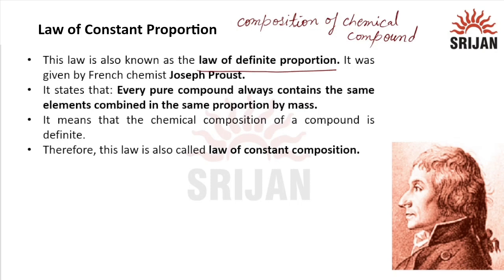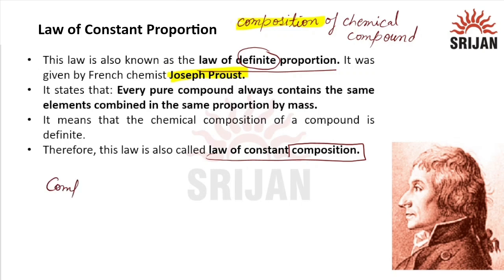Actually, the words constant and definite are synonyms of each other. It is also known as the law of constant composition because it helps us to understand the composition of chemical compounds. It states that every pure compound always contains the same elements combined in the same proportion by mass.